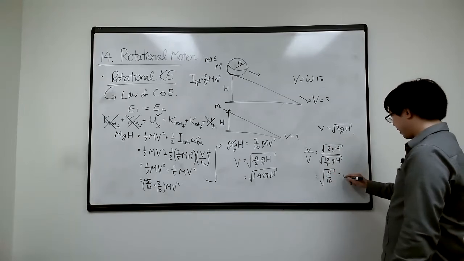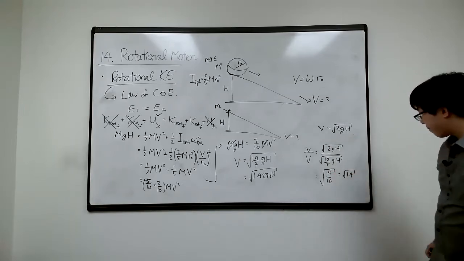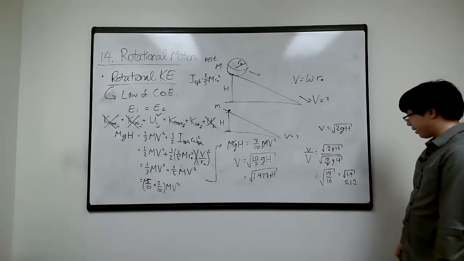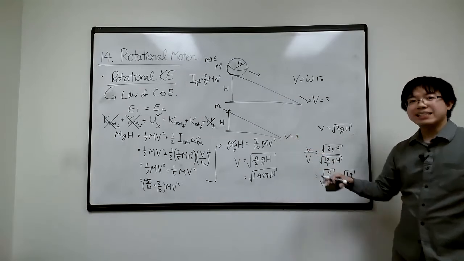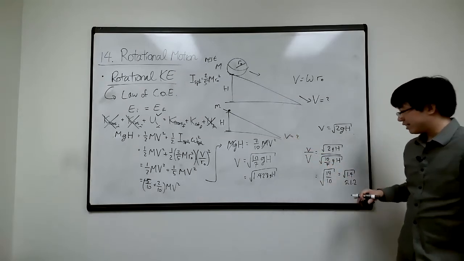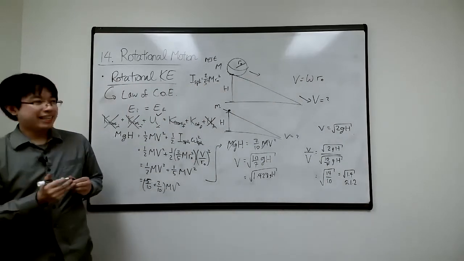That's basically the square root of 1.4. So it's around that factor. Is that roughly 1.2? Yeah, we'll double check that. But it's not that much, when you realize the little v is 1.2 times faster than capital V. So around 20% faster.